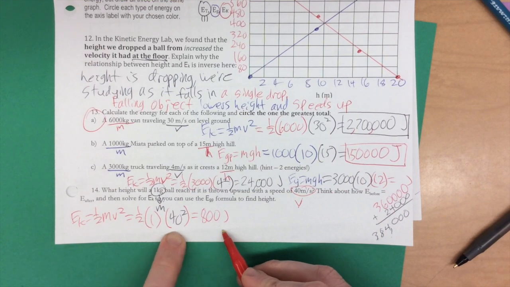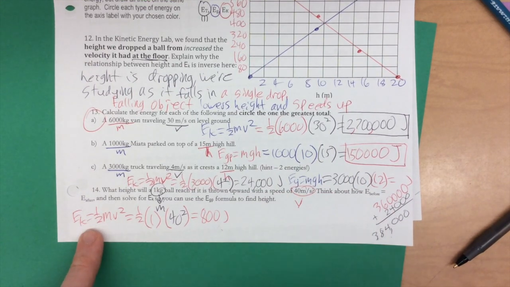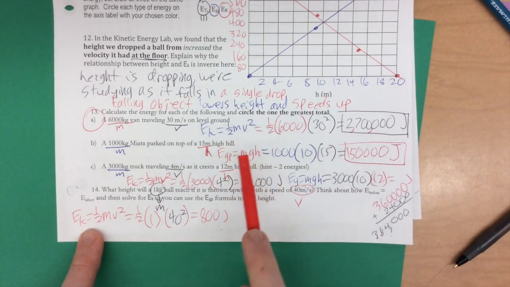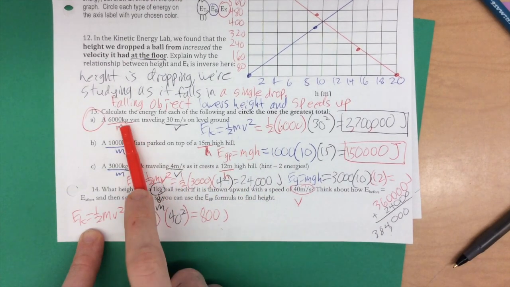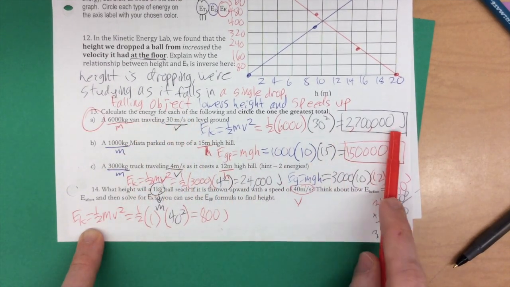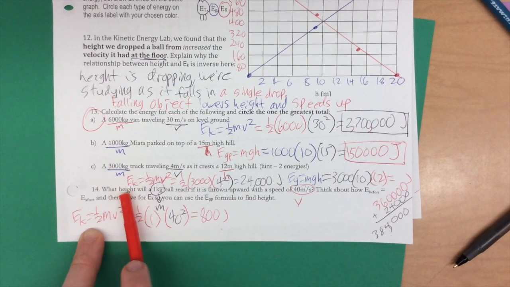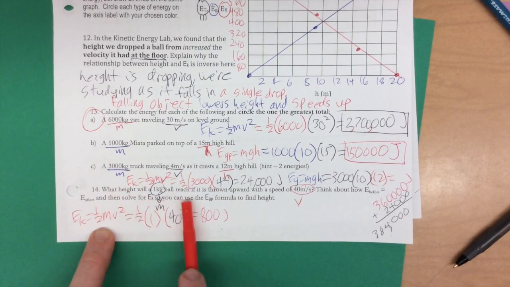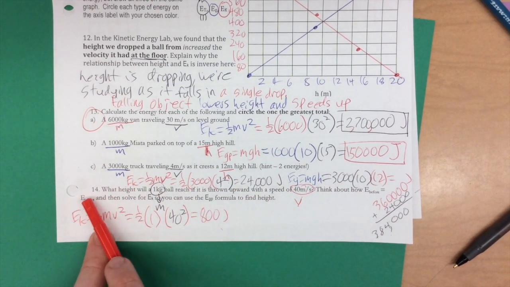And some people think they're done here because they've solved for the kinetic energy. This is why I always want us to be checking, what did the question ask for? This one asked for the energy, and when we got energy, we were done. But this one asked for the height. And so the crucial idea here is that E before equals E after.